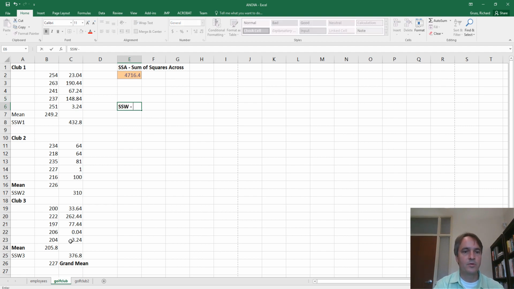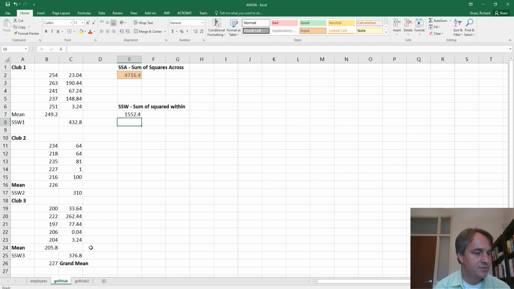So that means the total SSW, or the total sum of squares within, is going to be the sum of all of these. I'll just do sum, and with Excel you can select cells and hold down the control key, and that'll put in the commas for you. So the sum of these three. All right, 1552. Let me see something here.